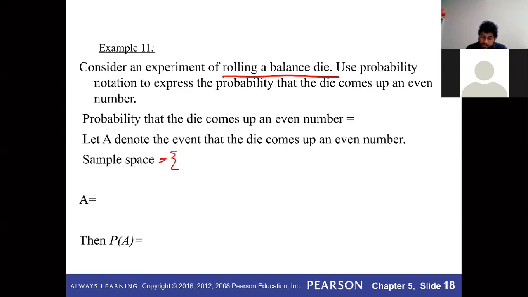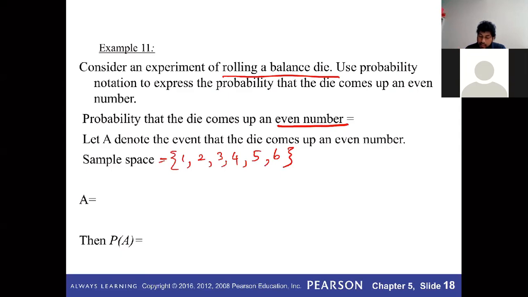What are all the possible outcomes of rolling a balanced die? 1, 2, 3, 4, 5, and 6. These are the only six possible outcomes when rolling a die. How many even numbers are here?